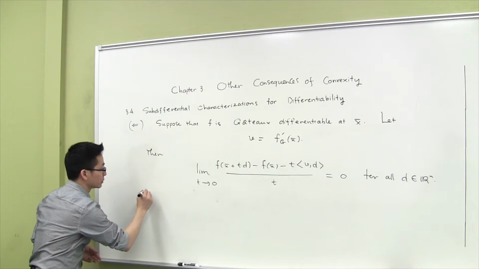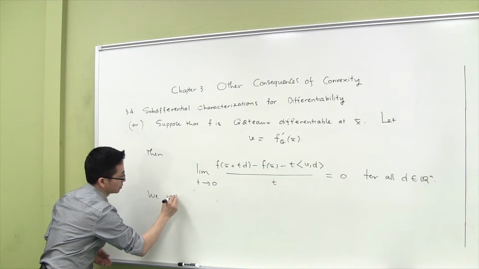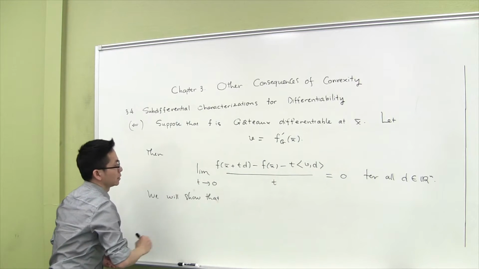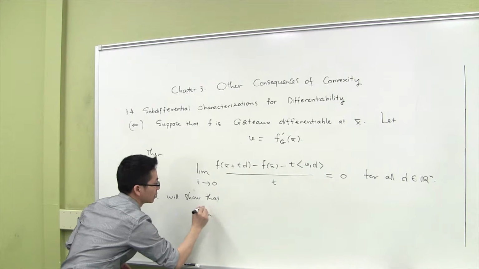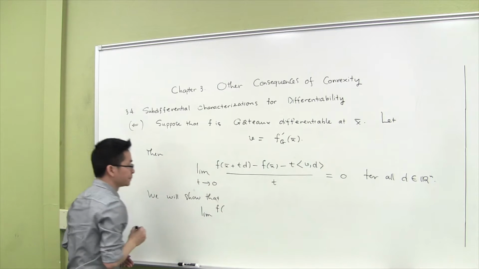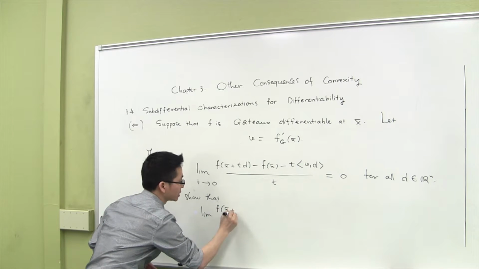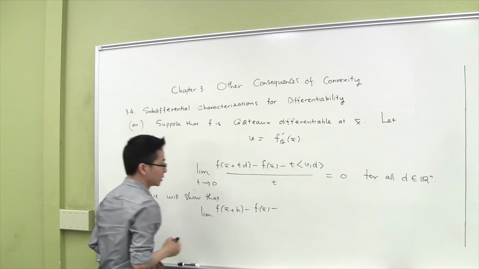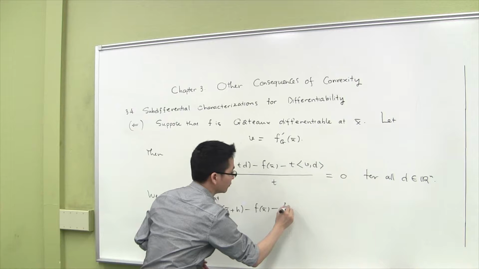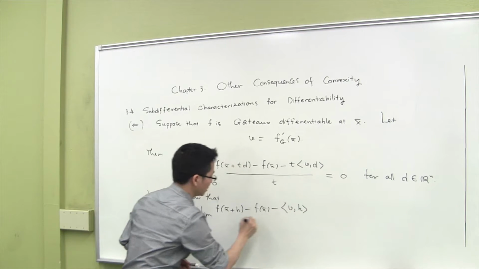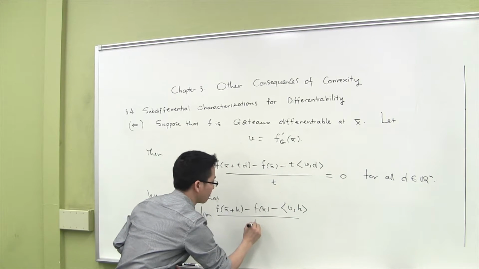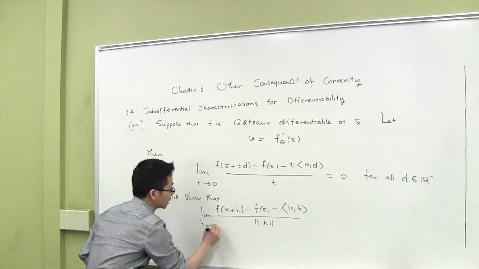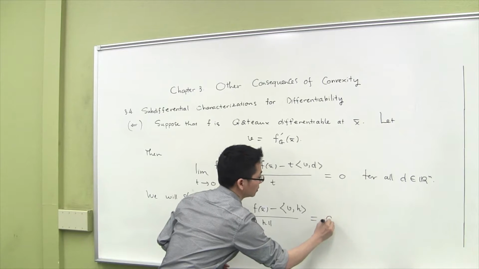Now, we will show that the limit of f of x bar plus h minus f of x bar minus the inner product of v and h, over the norm of h, as h approaches 0 is equal to 0.